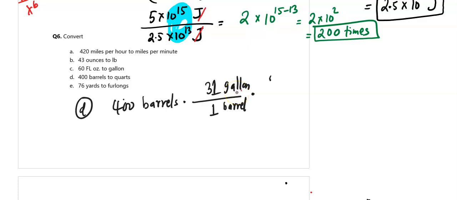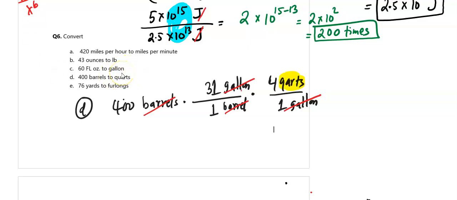And this is 4 quarts equals 1 gallon. I need the gallon in the bottom, quart in the top, because I got to cancel gallon with gallon. So if I do that, barrel cancels, gallon cancels, and your unit is going to be quarts. That's what I want here.